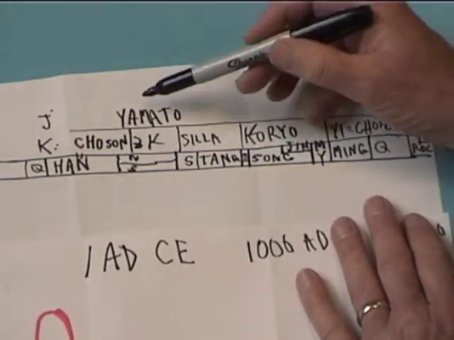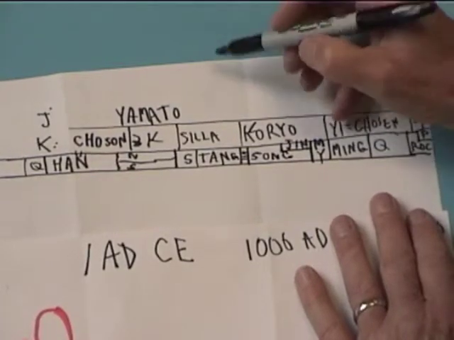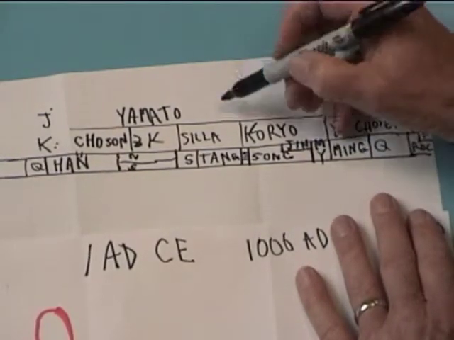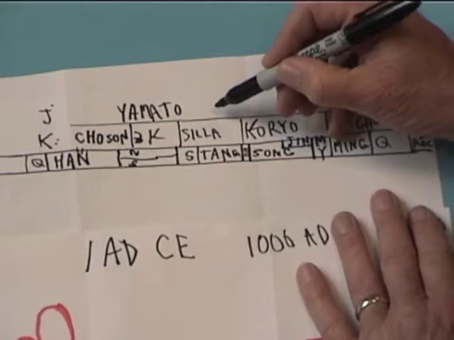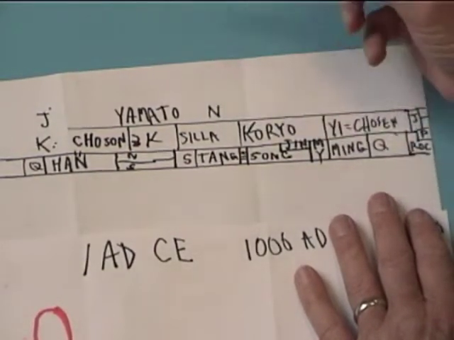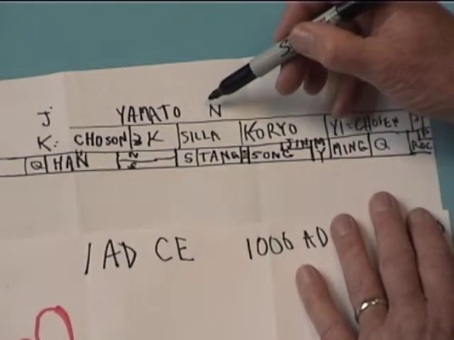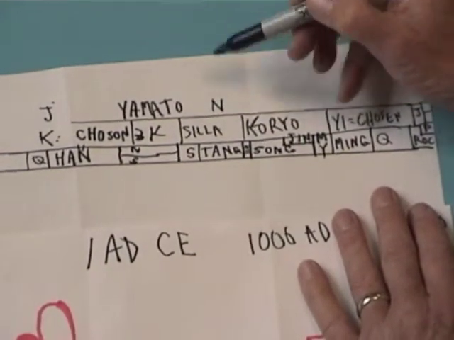The emperors already were there in the Yamato, but now the emperors take charge in a very centralized way. And after that reform, we have an era called the Nara, and that's named after the capital city. The Nara falls within the 700s.